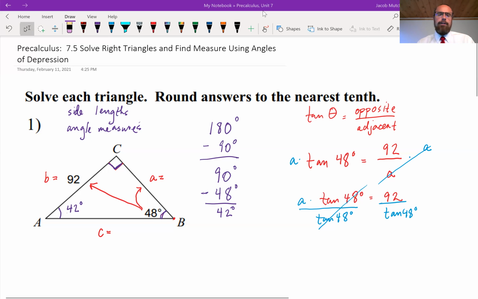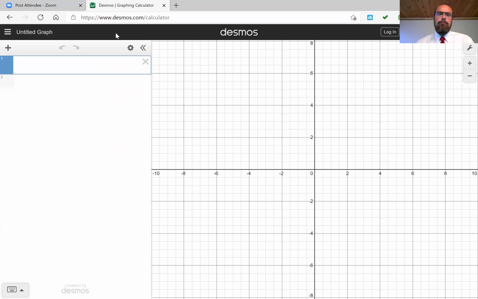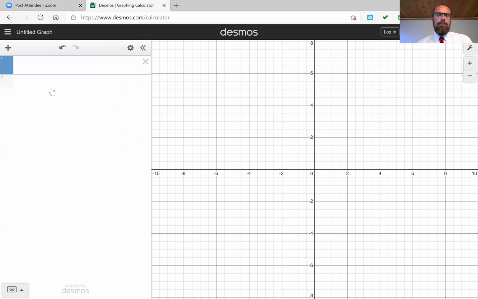So we'll head over here to the graphing calculator and we'll just plug that in. I do need to make sure, because I'm dealing with angle measures that are in degrees, that I switch Desmos to degrees. Once I've done that, I'm good to calculate. So again, I'm calculating 92 divided by tangent of 48.